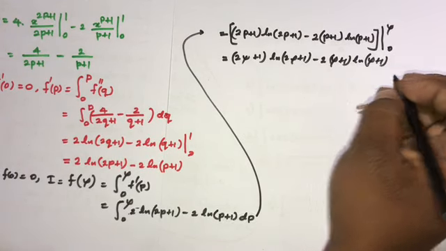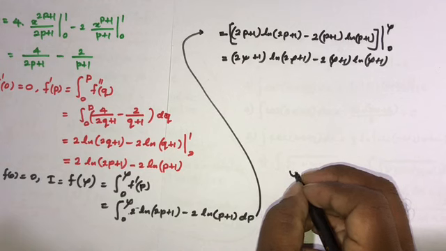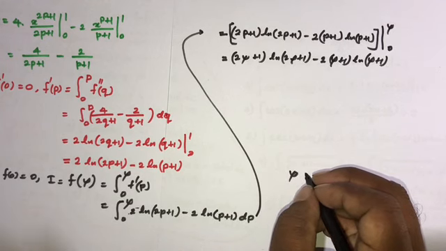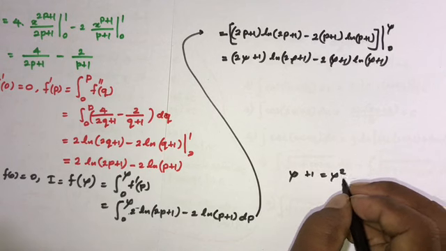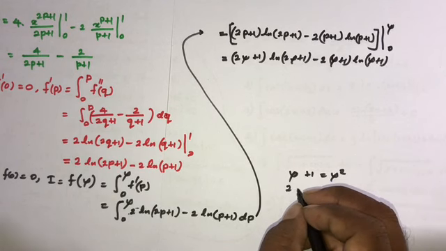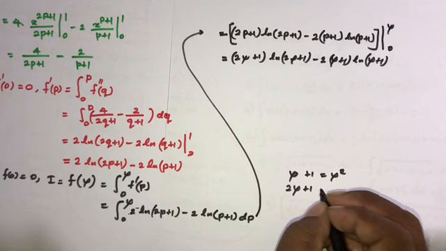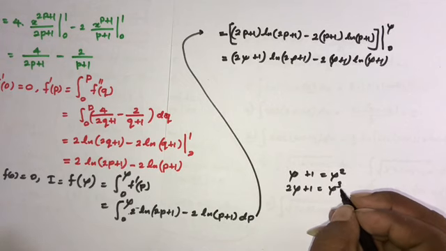Okay, then we know this property: φ plus 1 is equal to the square of the golden ratio, and also 2φ plus 1 is equal to golden ratio cubed.